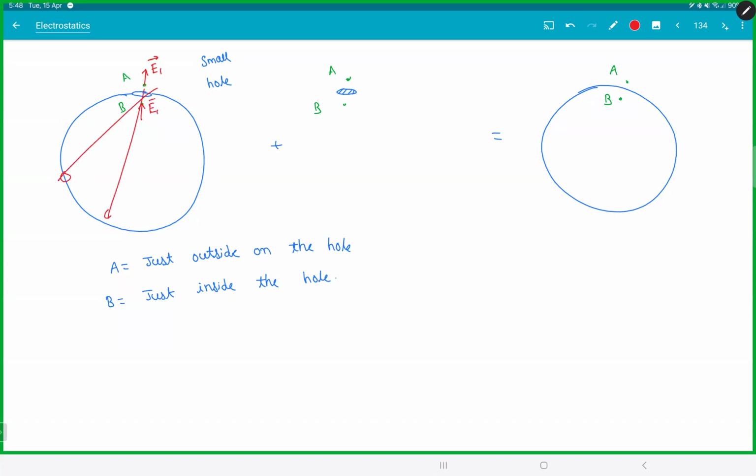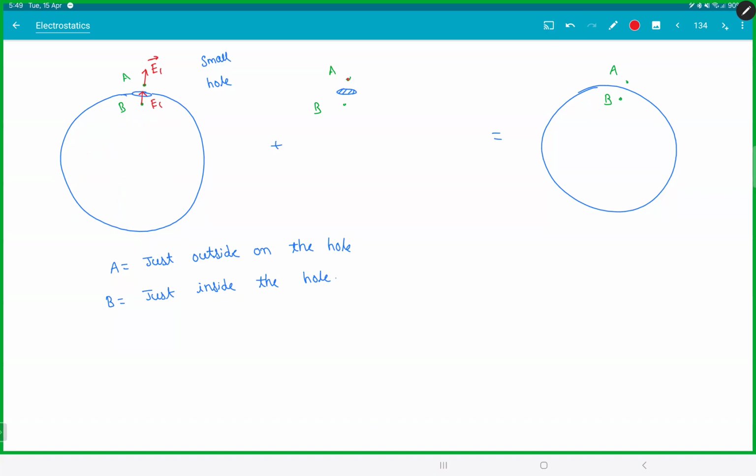For all of them, they're on the same side, right? And A and B are very, very close, so there is almost a negligible distance between them. So whatever is the field at A, B also will have the same field. You guys agree? So this entire shell is pushing both A and B outside. So this point also will be E1 only.